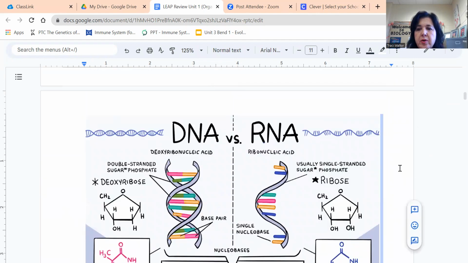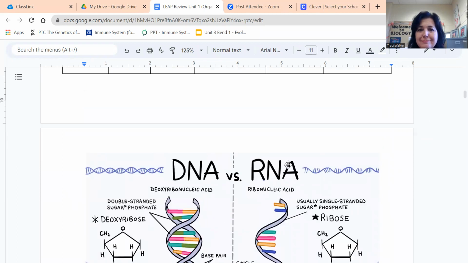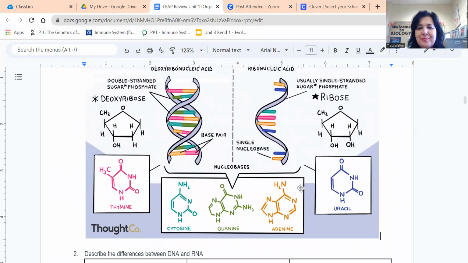Okay, so if you'll remember, RNA does not have thymine. Only DNA has thymine. And so RNA has uracil instead.